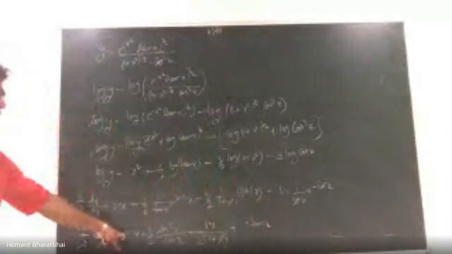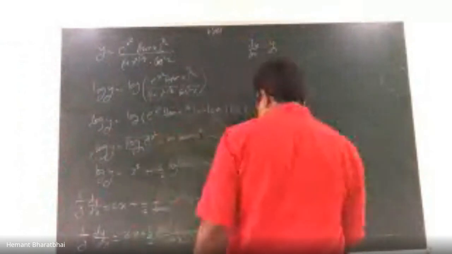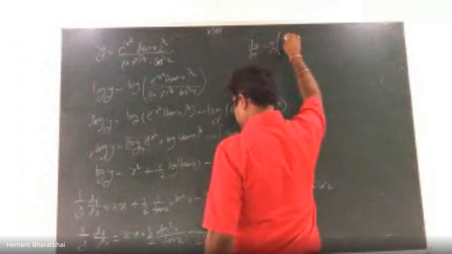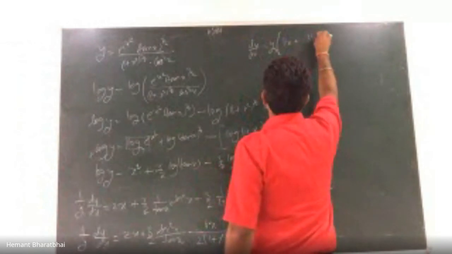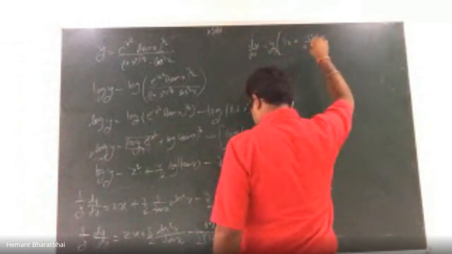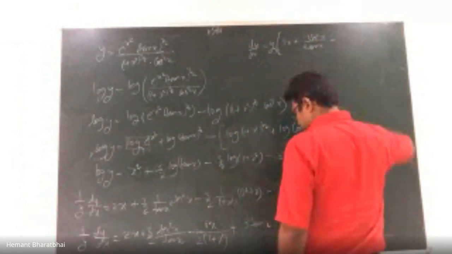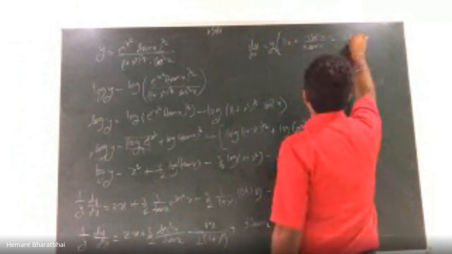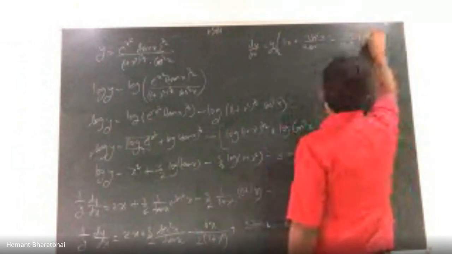And this y you can take over here, so the final answer will be dy by dx is equal to y into 2x plus 3 sec square x upon 2 tan of x minus, 2 ones are 2, 3 twos are 6, that will become 3x upon 1 plus x square, plus 3 tan of x.